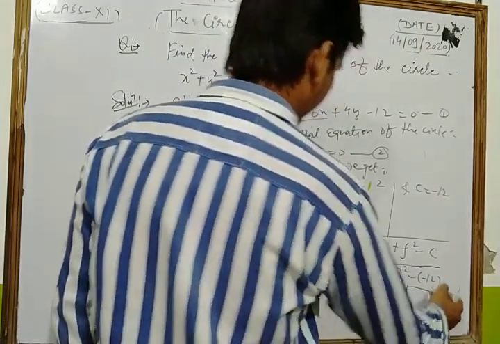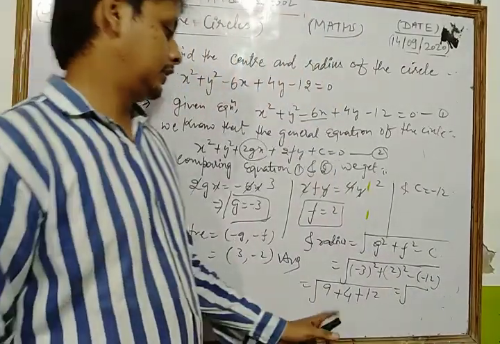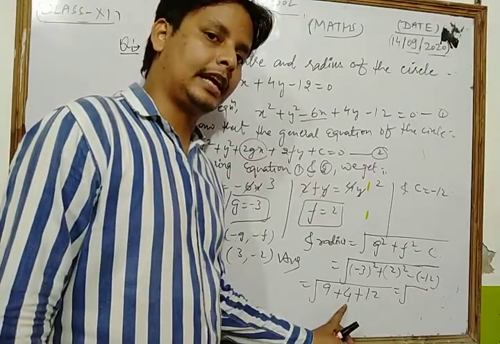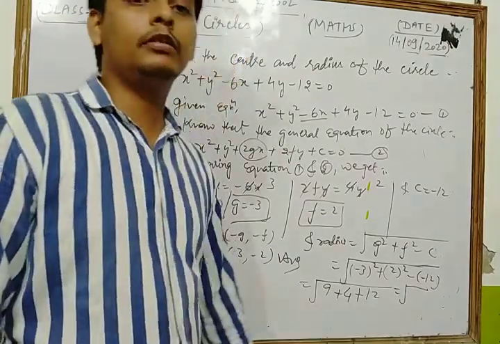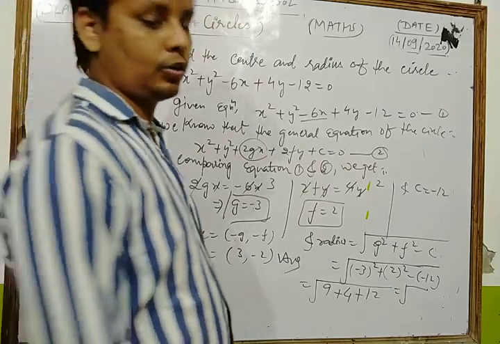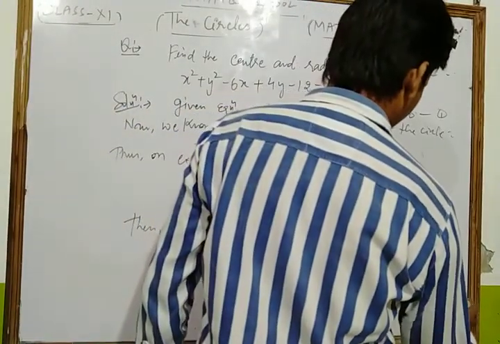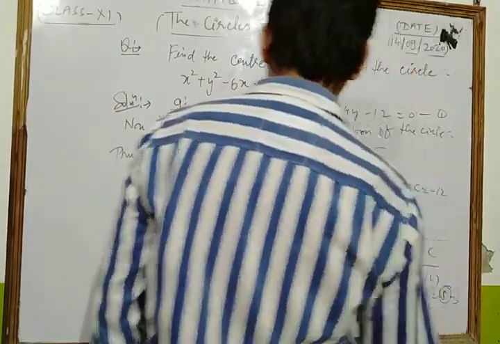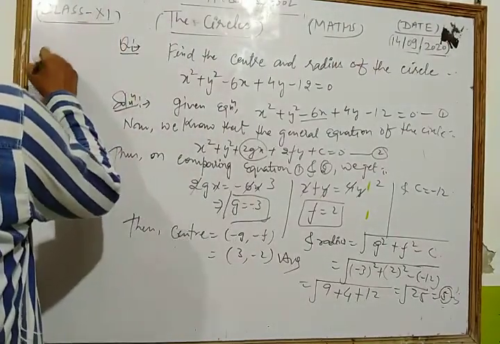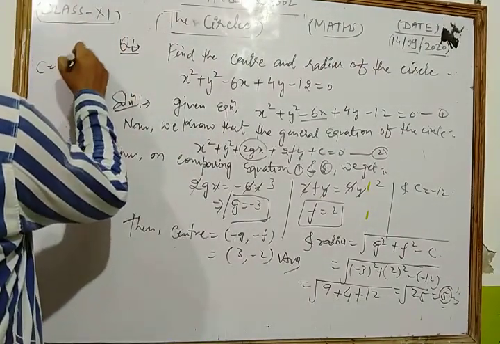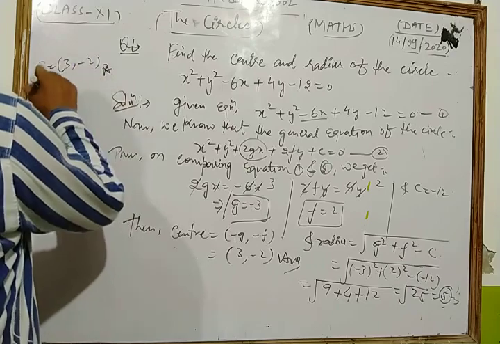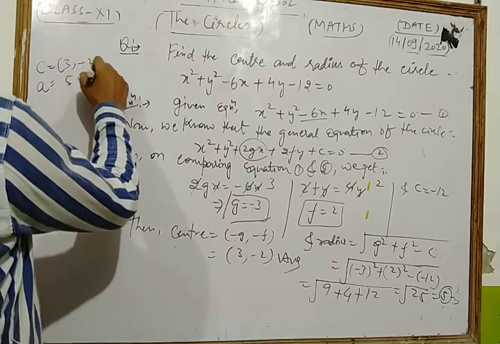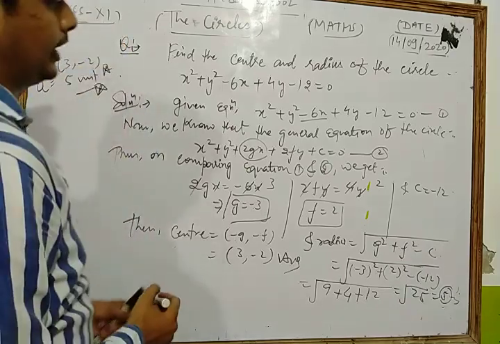So we get 9 plus 4 is 13, plus 12 is 25. Now the square root of 25 is 5 units. So in this way, the center of the circle is (3, minus 2) and the radius is equal to 5 units. This is our complete answer.